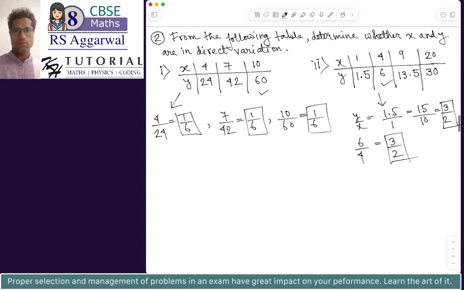Let's see the ratio y by x for the third set of values, that is 13.5 by 9. This is equal to 135 by 90, which is 3 by 2.